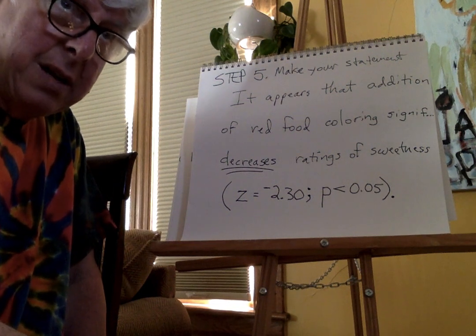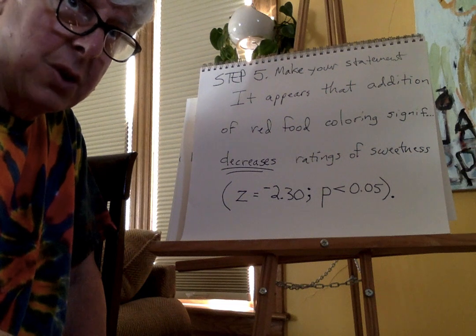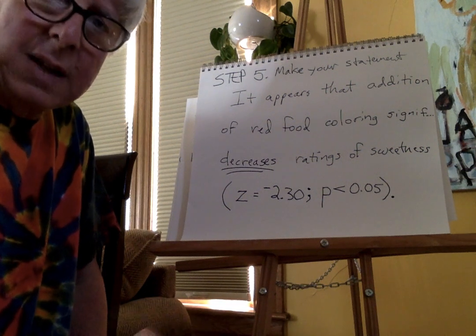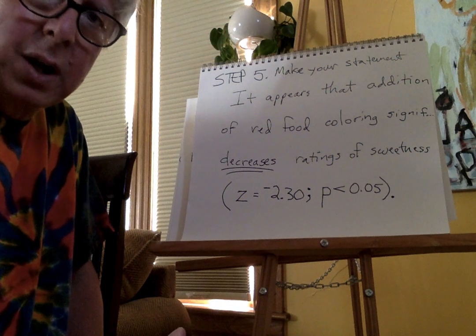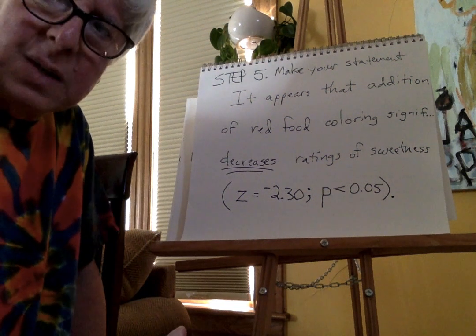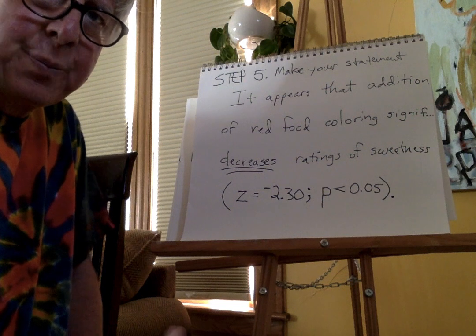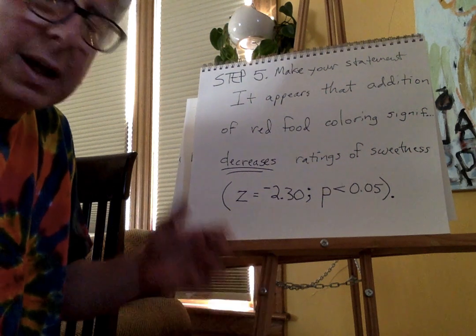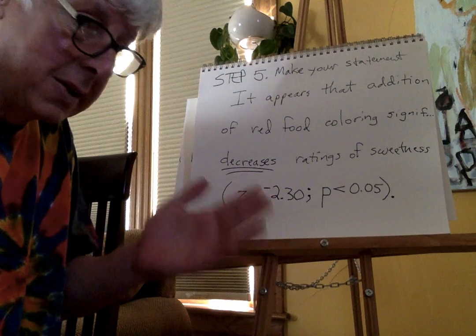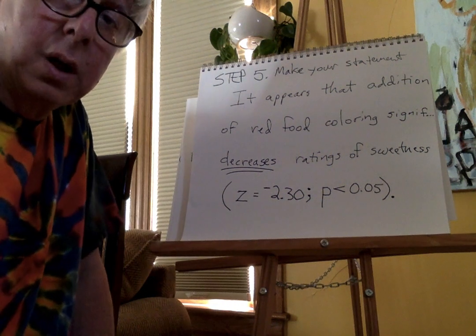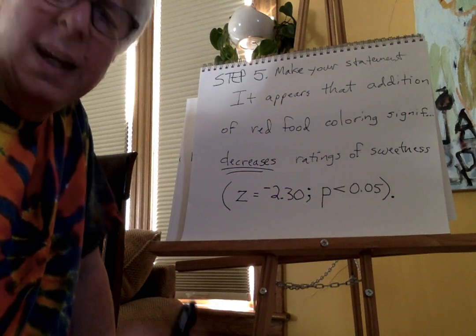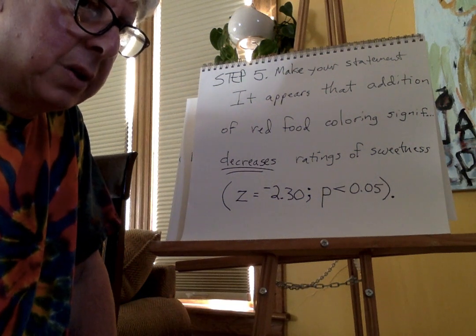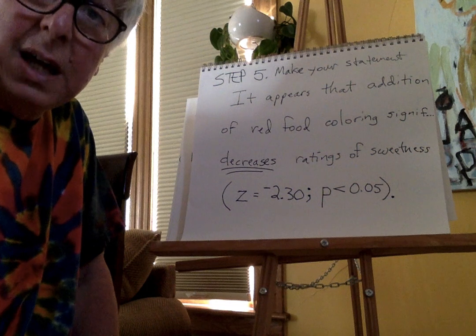But instead, because I'm not only a good researcher, but I try to be a good scientist, I asked myself, why does this make sense? Why does adding red food coloring decrease people's rating of the sweetness? And after I did some more reading and I talked to some people about it, it actually makes a tremendous amount of sense. When I give you a clear solution to taste, even if I say this is a sweet solution, taste this, you really don't have any expectations.